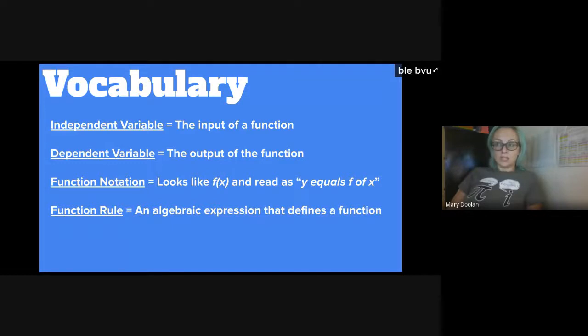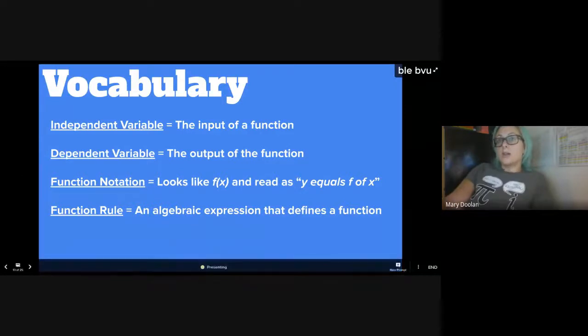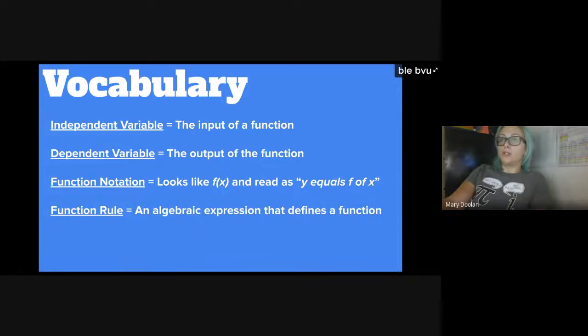Function notation looks like that little f and then in parentheses the x, and you read that as y equals f of x. The function rule is an algebraic expression that defines a function. And in this class, on Monday, you guys were working with function rules in Desmos.